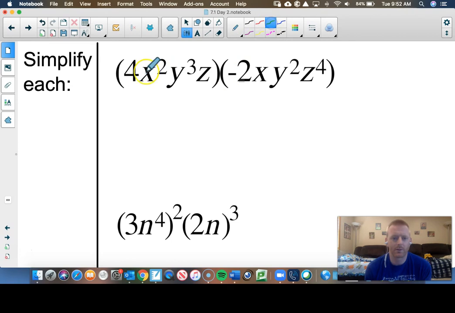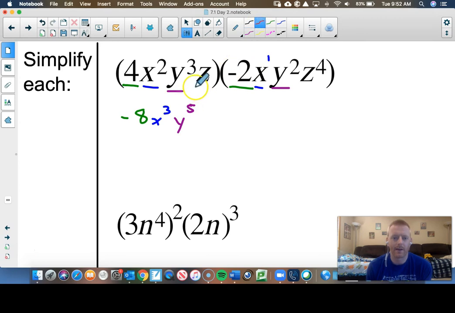This one should go super fast. Now, the cool part about this problem is how we want the regular numbers get multiplied with regular numbers. So 4 times a negative 2 makes a negative 8. The x to the 2nd goes with the x to the 1st, so we add, when we multiply, that makes an x to the 3rd. A y to the 3rd times a y to the 2nd, we're multiplying, so we add, we get a y to the 5th.